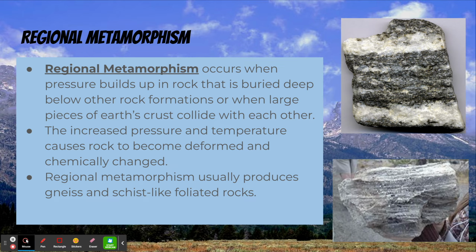Regional metamorphism usually produces gneiss and schist-like foliated rock. So you can see you've got the banded rocks up on the top right and the bottom right. You can see that there's bands, and that's from intense heat and pressure in the Earth's crust.